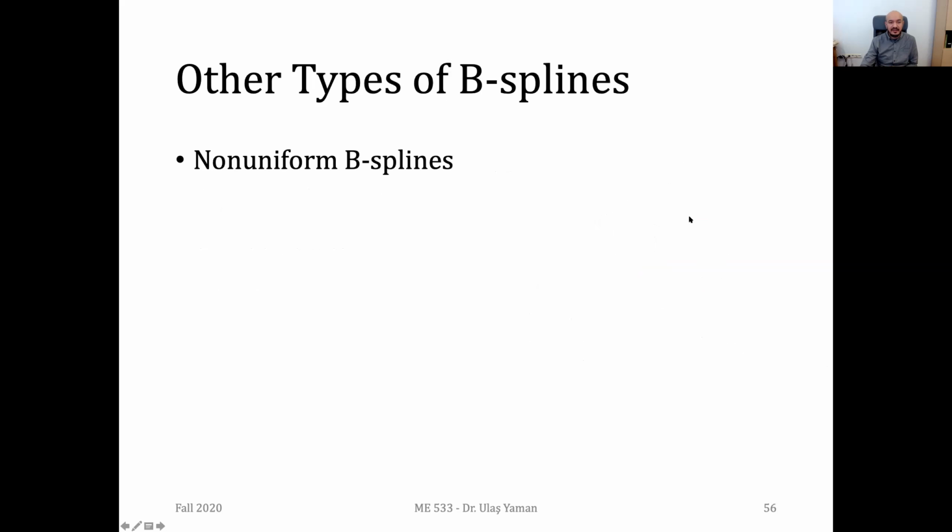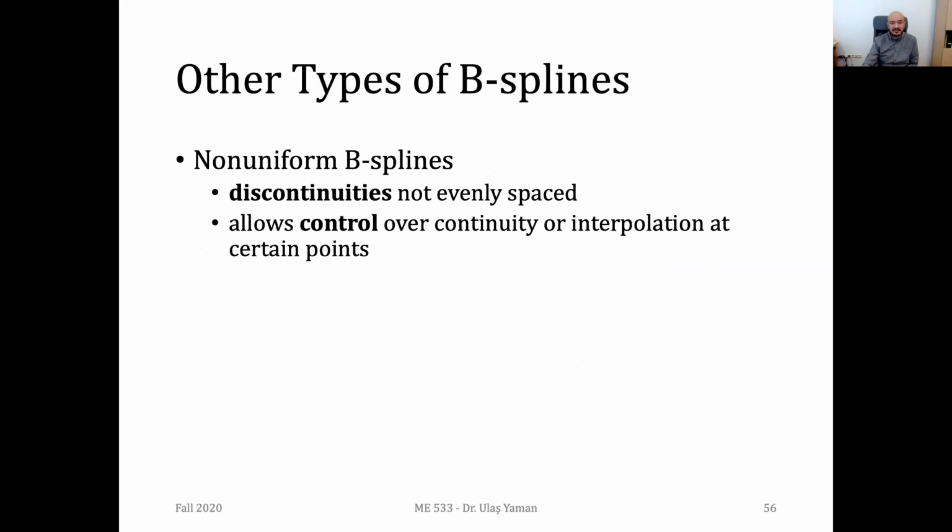But now, in a non-uniform case, we don't have evenly spaced segments. The discontinuities are not evenly spaced. We have an uneven distribution, and with the help of this uneven distribution, we can have full control. We can have sometimes interpolation at certain points, or sometimes approximation.